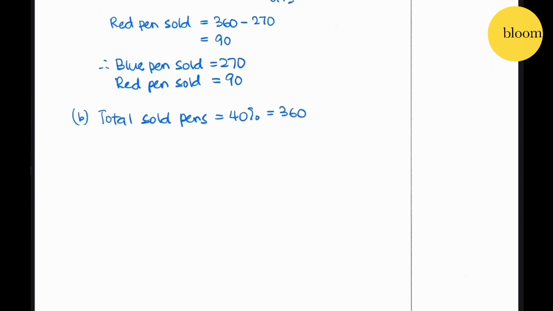Therefore, total pens is given by 360 divided by 0.4 equals 900 pens.